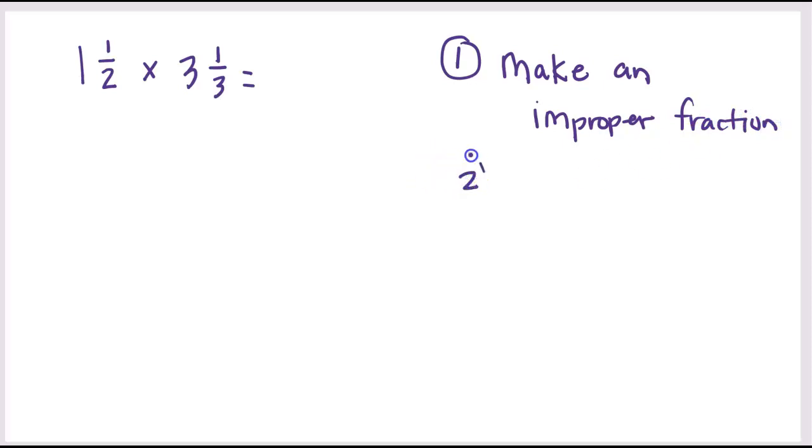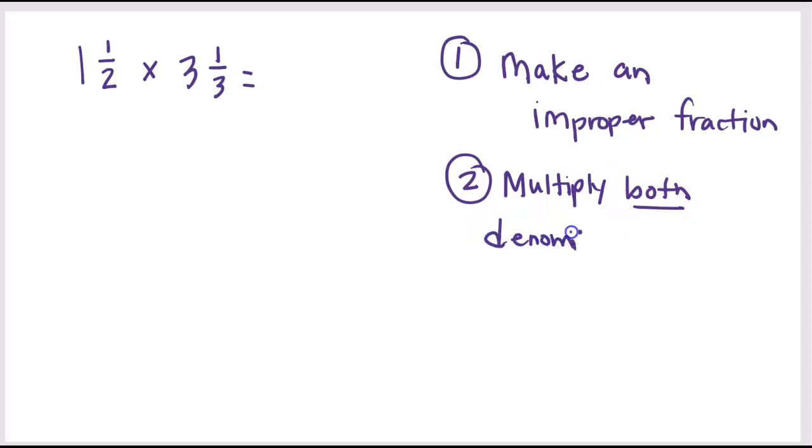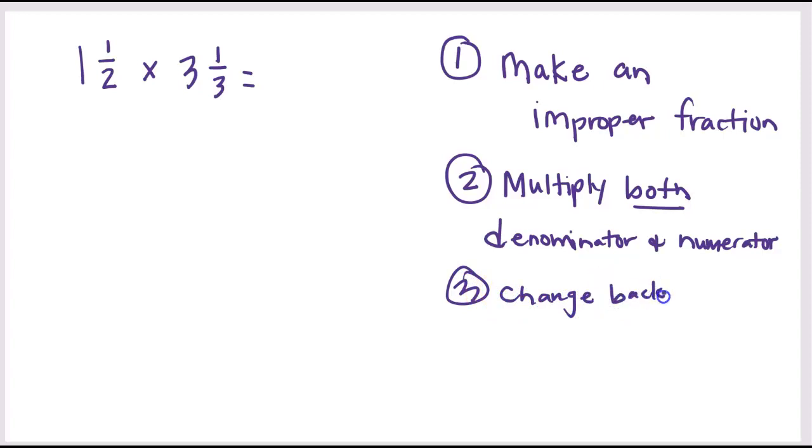The second step, I'm going to then multiply both the denominator and numerator. And then the third step, I'm going to change back to a mixed number. Okay, so following these steps.